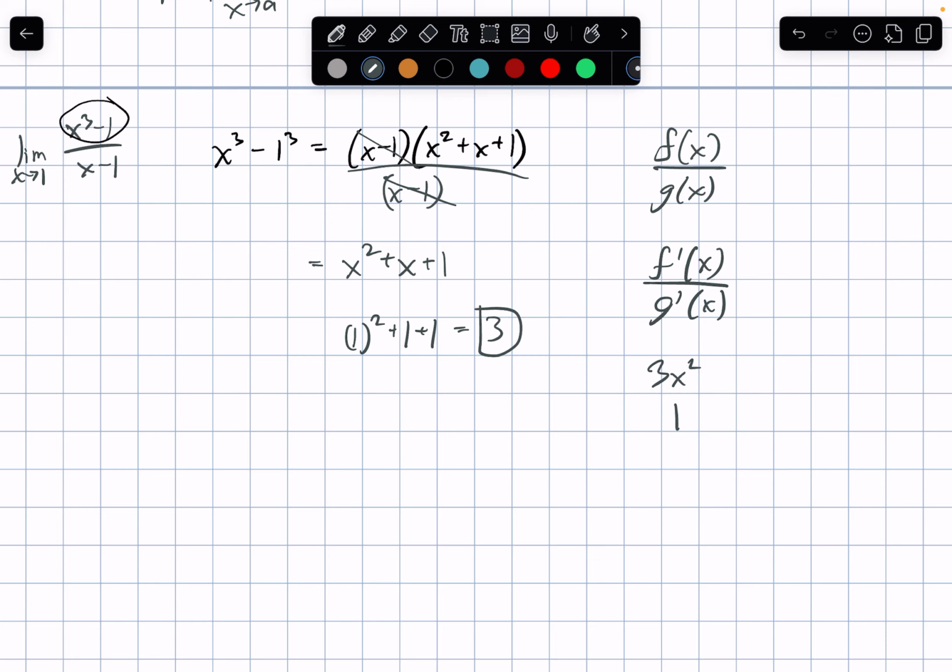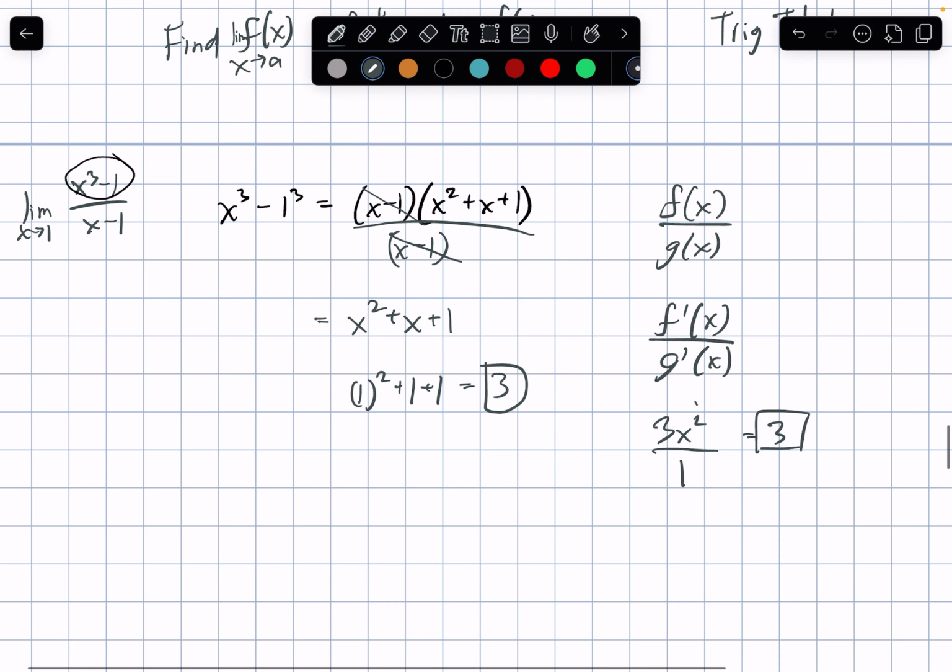That's basically it. And then start substituting. So x is equal to 1. 3 times 1 raised to 2, that's going to be equal to 3. That's it. As easy as that. Derivatives, by the way, if you don't get it yet, I'll teach that in another video. It's coming real soon.